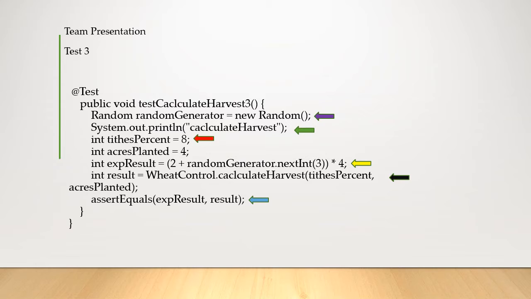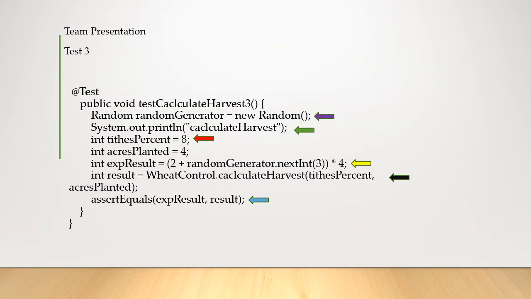In this case, it's calculate harvest. The int tithes percent and acres planted are variables associated with the calculate harvest method that was created. You can see that 8 and 4 have been set in as variables for testing purposes.